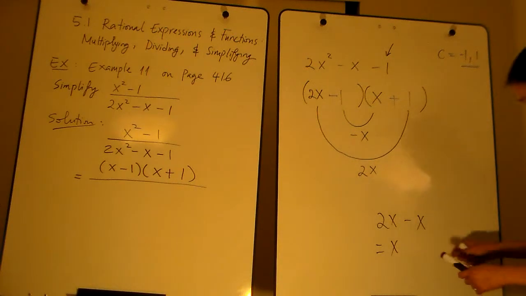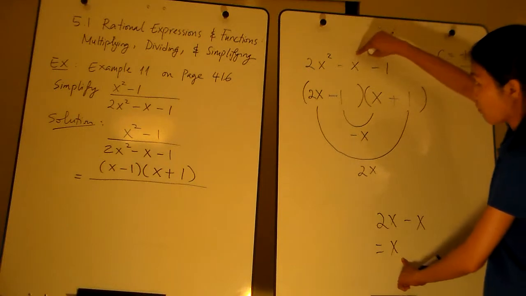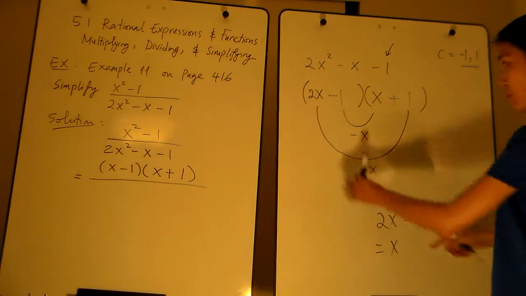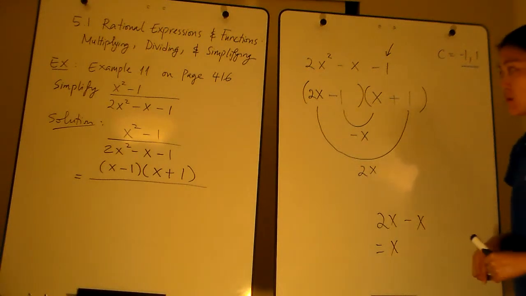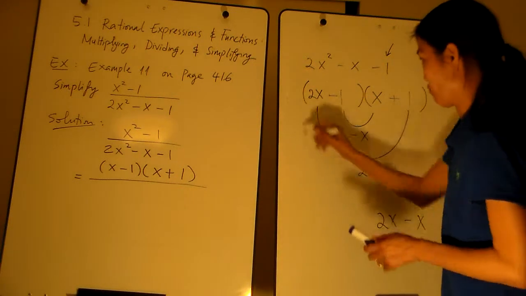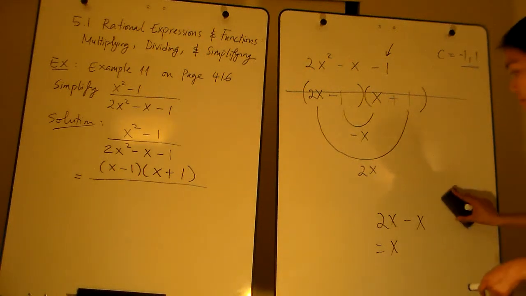Now, this x right here is positive x, but the one we need, right here, is negative x. So that means when you put negative 1 with 2x and 1 with x, it is not true. So this does not work. You can cross it out so that you remember what you just did before, okay?